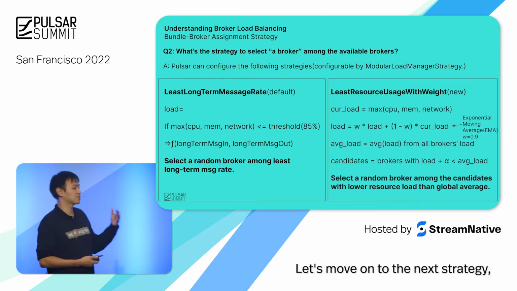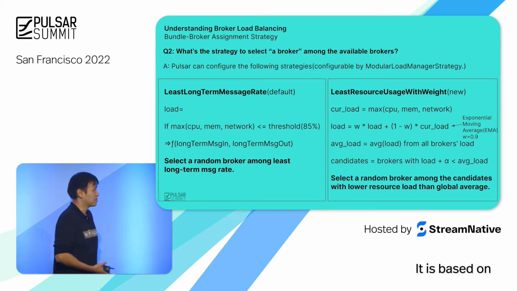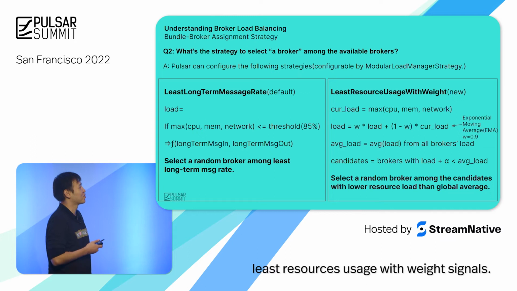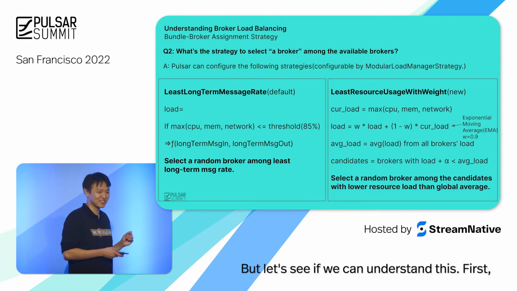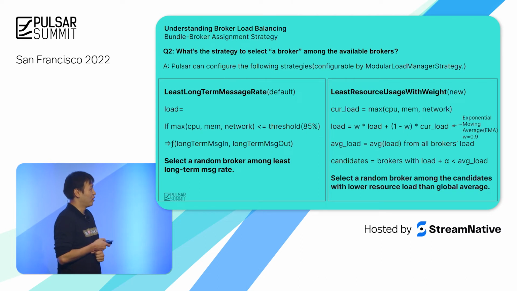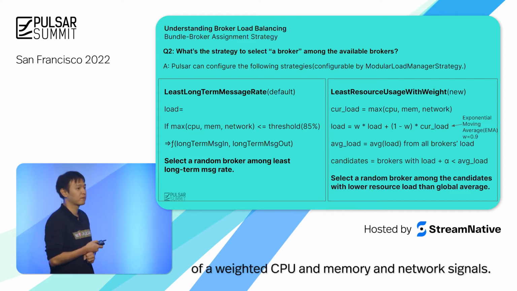Let's move on to the next strategy, which is recently added. It is based on least resource usage with weighted signals. It is probably too much detail, but let's see if you can understand this. First, it computes the current broker's load based on the max of weighted CPU, memory, and network signals.